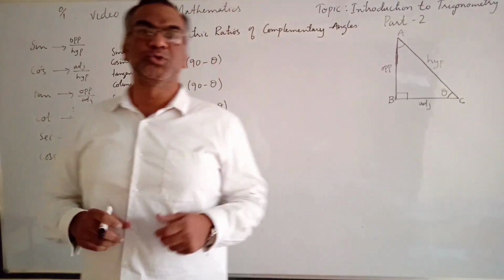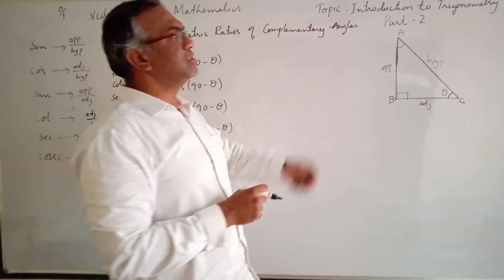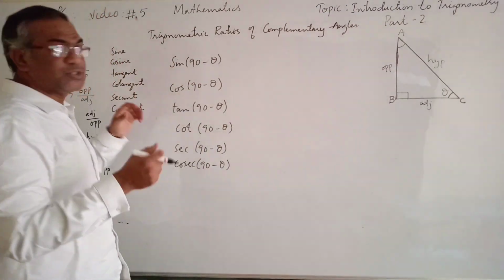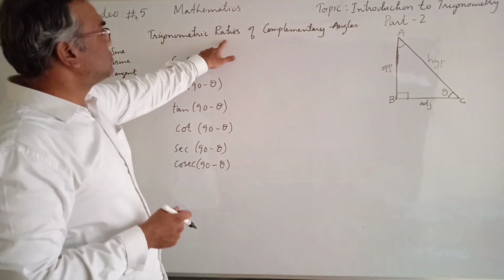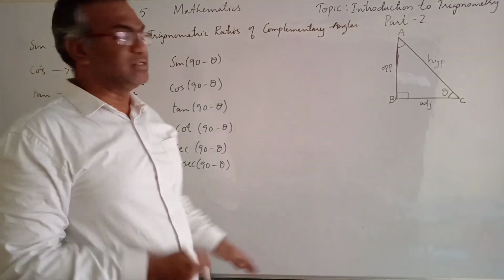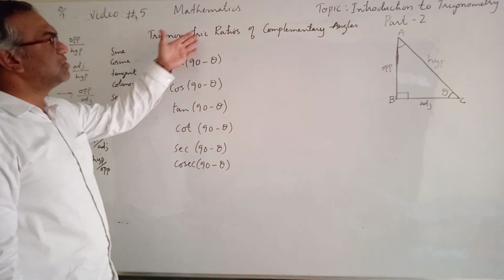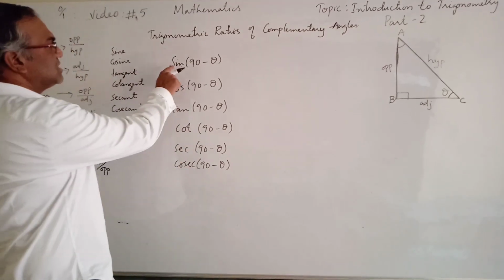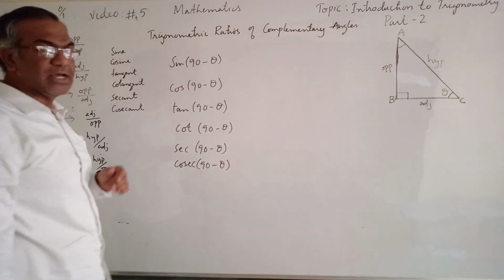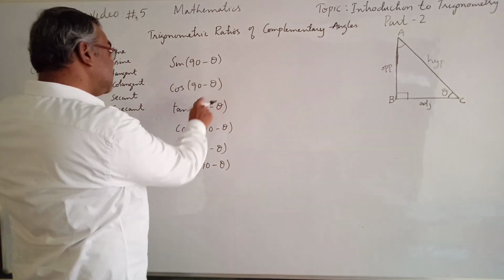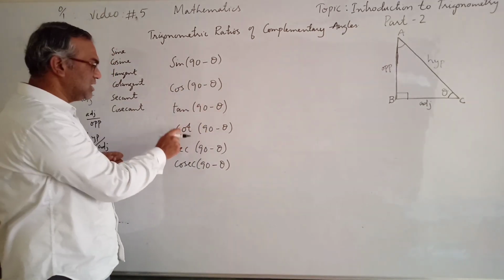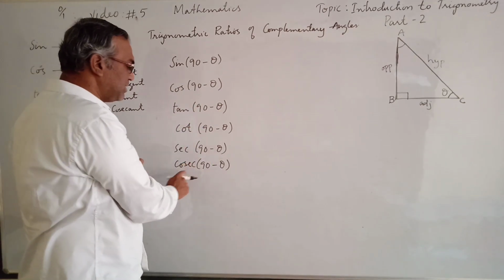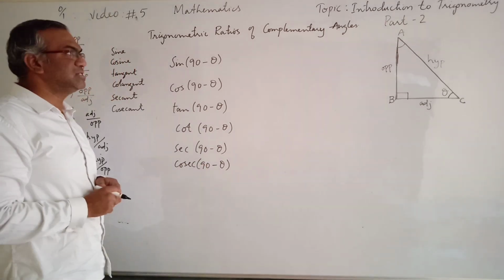Let's move on to the next topic in Introduction to Trigonometry, trigonometric ratios of complementary angles. Sine 90 minus theta, cos 90 minus theta, tan 90 minus theta, cot 90 minus theta, sec 90 minus theta, cosec 90 minus theta.